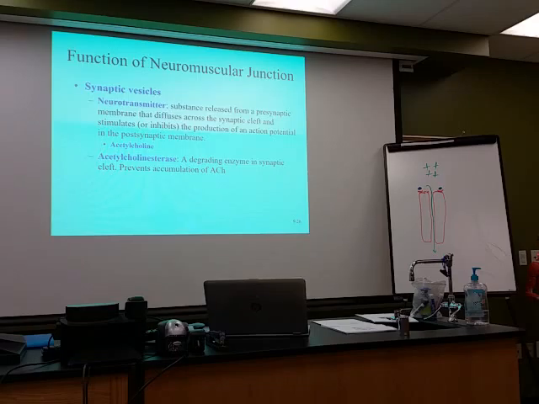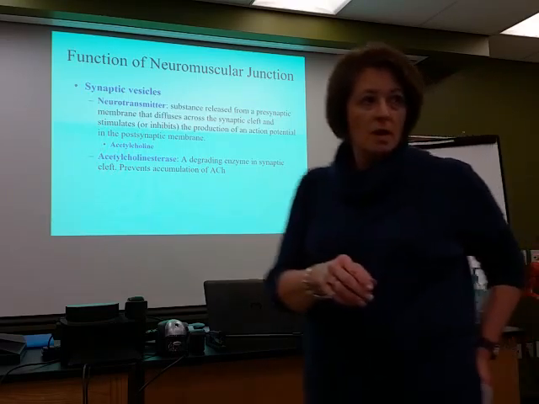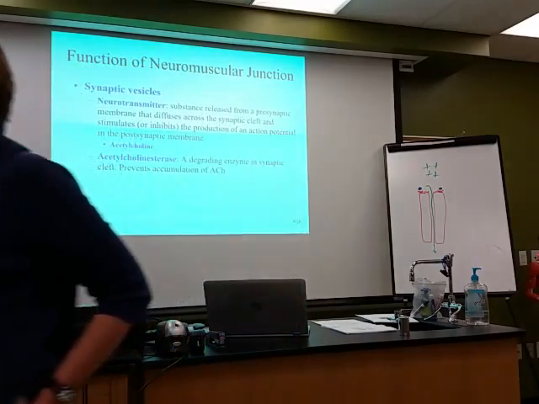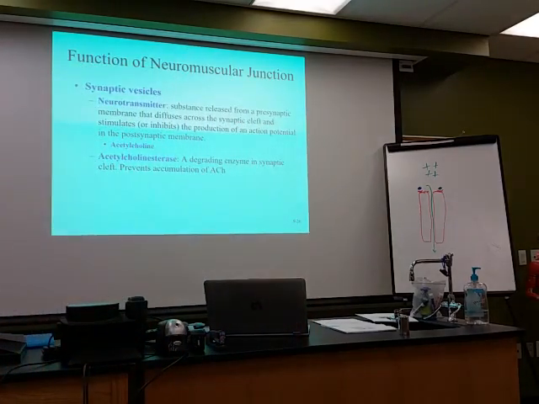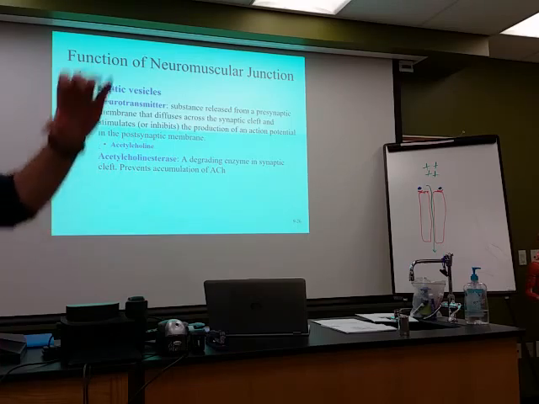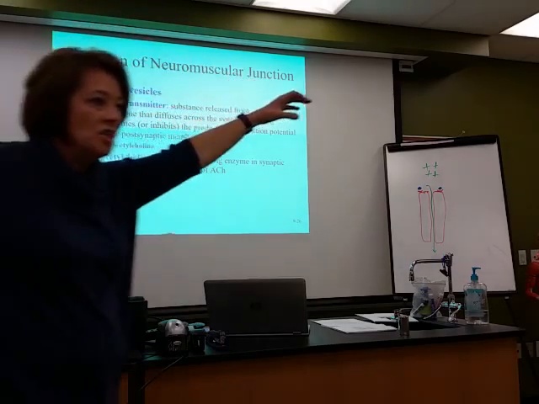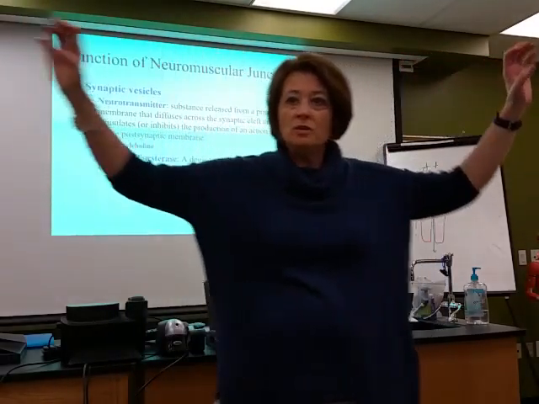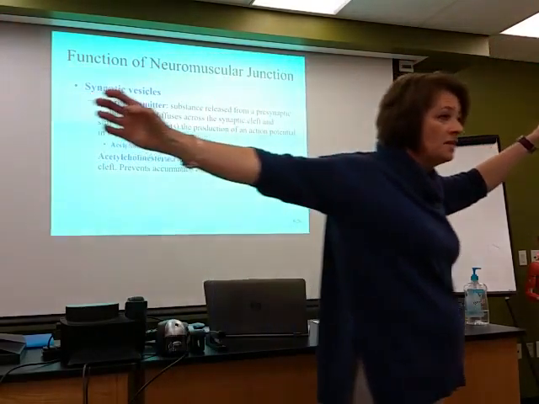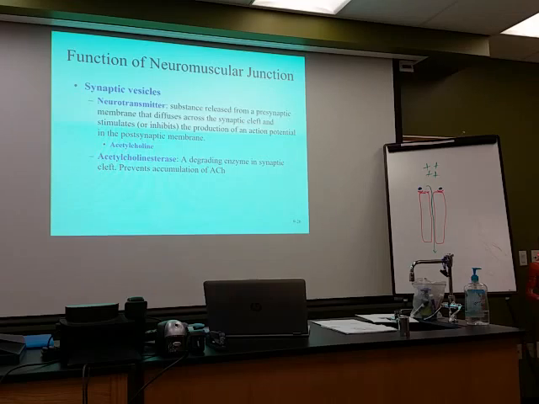Now when that sodium rushes in, what does it do to the charge? We make it more positive. Now, if we make it more positive and we begin to have that action potential travel the length of that muscle cell, that muscle fiber, that means voltage gateds are going to open, right?